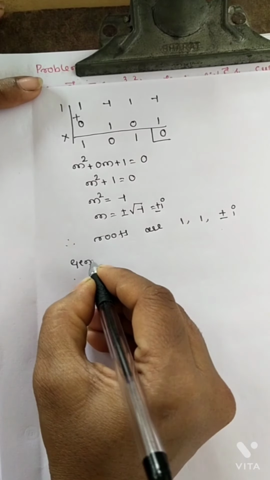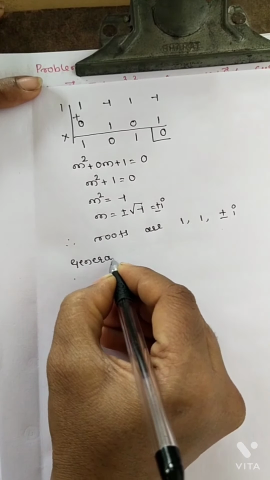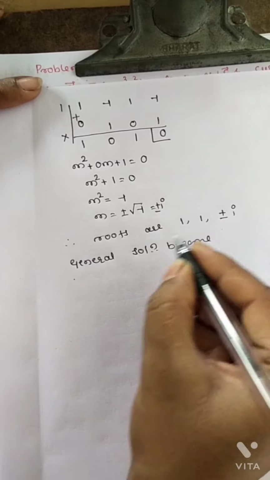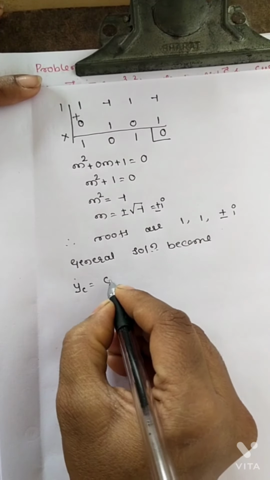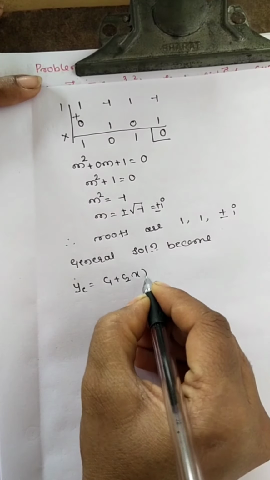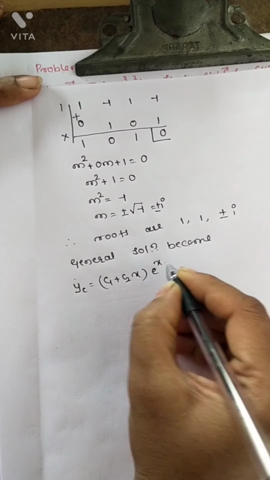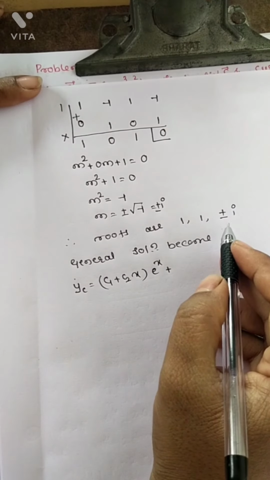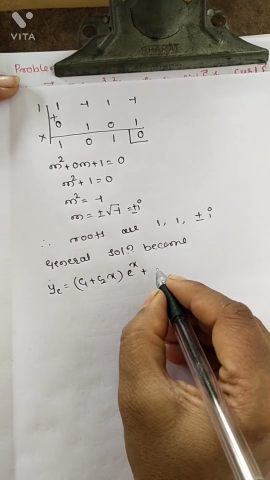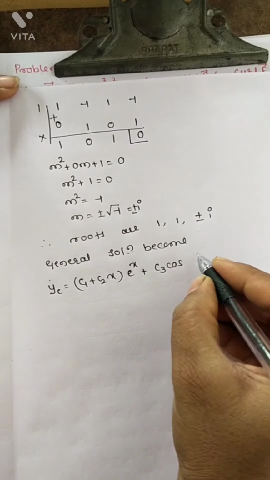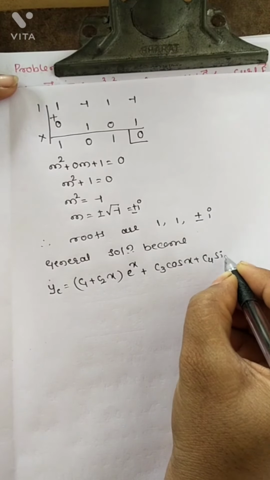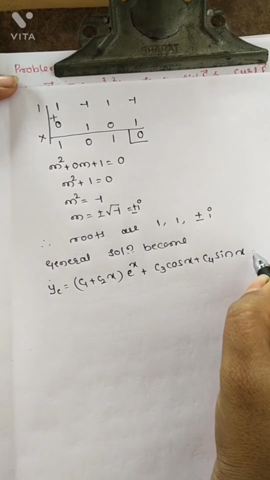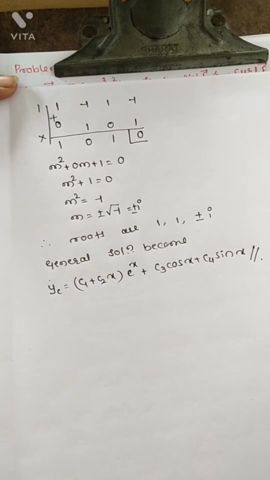The general solution becomes: the two roots are the same here, means we have to apply the second case, that is c1 plus c2x e to the power x, plus here the complex form is there, that you have to apply, c3 cos x plus c4 sin x. Now this is the final solution of our equation.